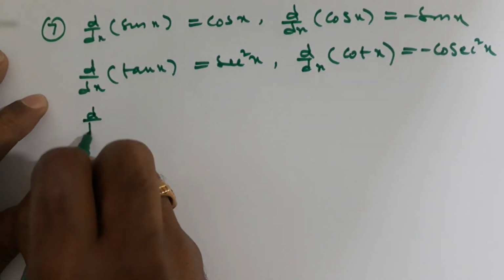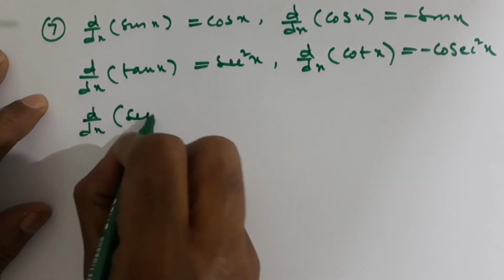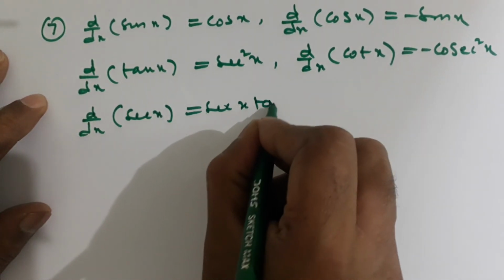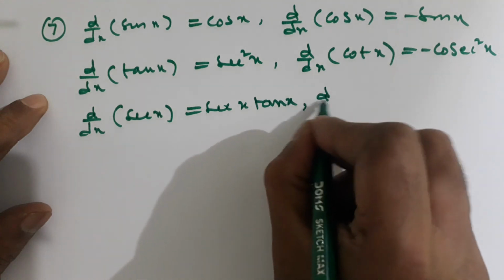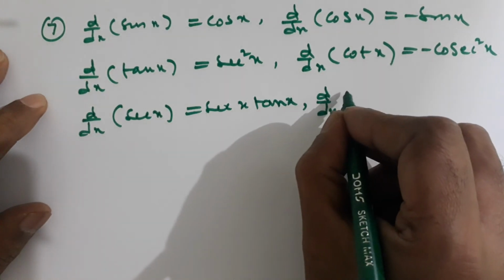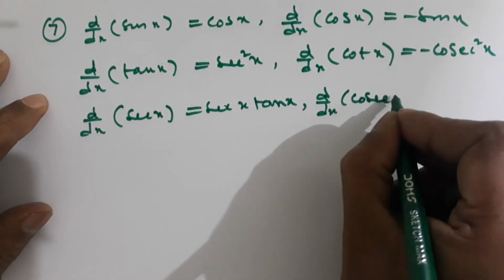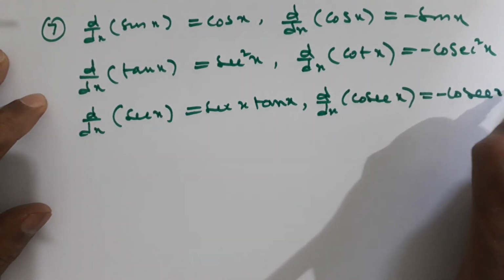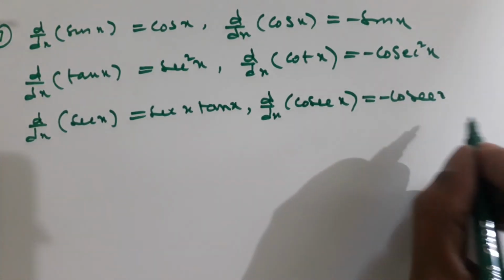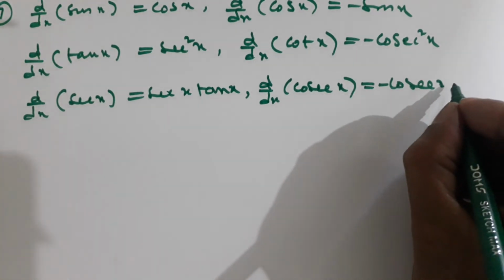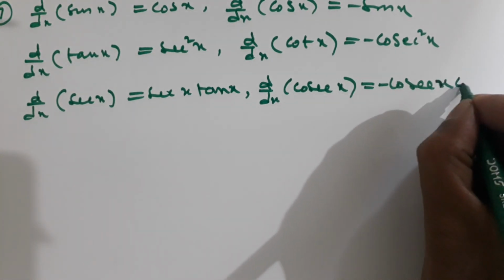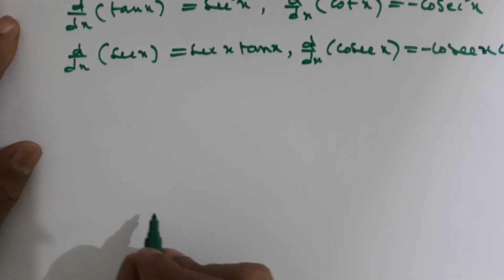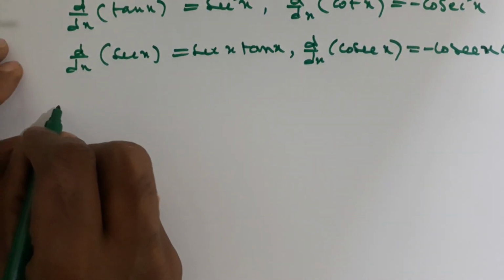Next, d by dx of secant x is equal to secant x tan x, d by dx of cosecant x is equal to minus cosecant x into cot x.